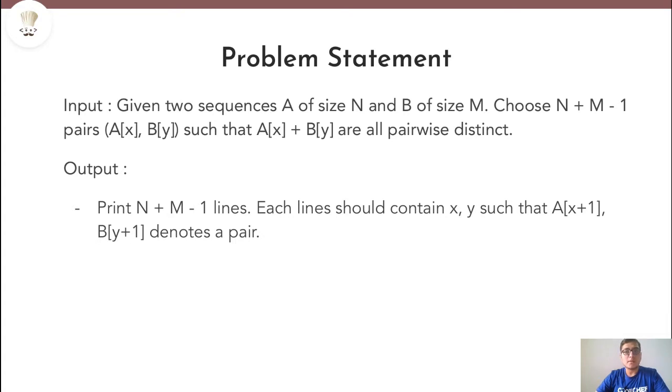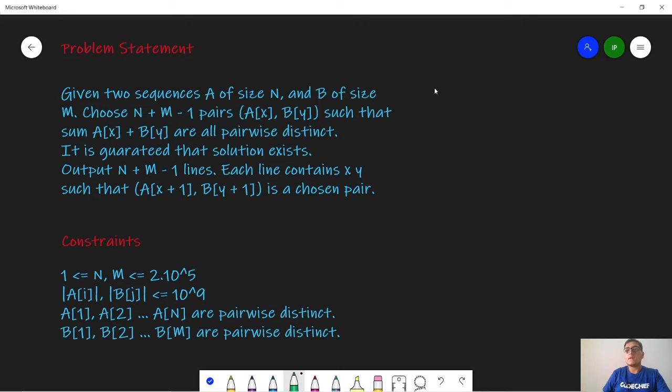With this, let's begin. In this problem, we are given two sequences. Sequence A of size n as A1, A2 till An. The sequence B is of size m given as B1, B2 till Bm.